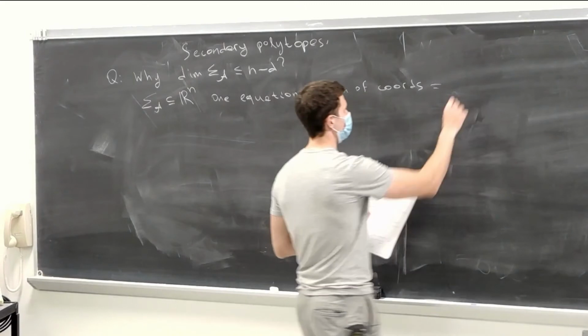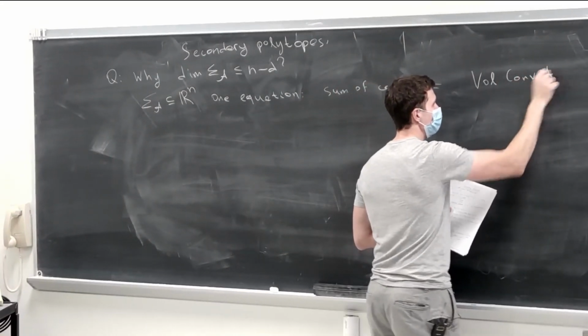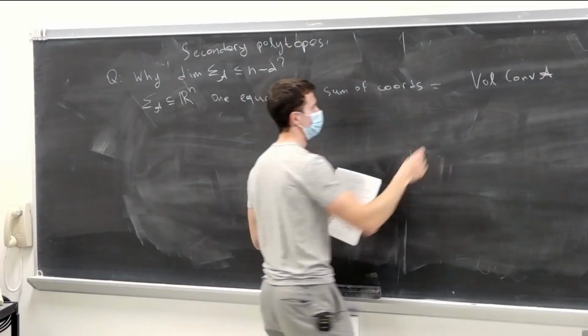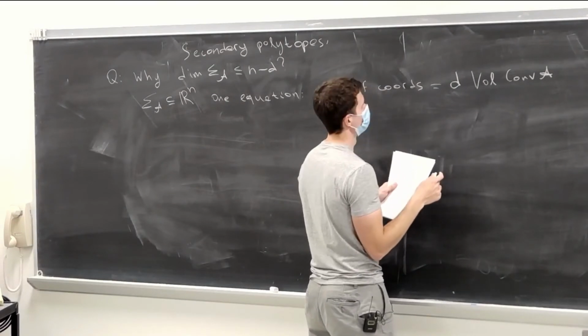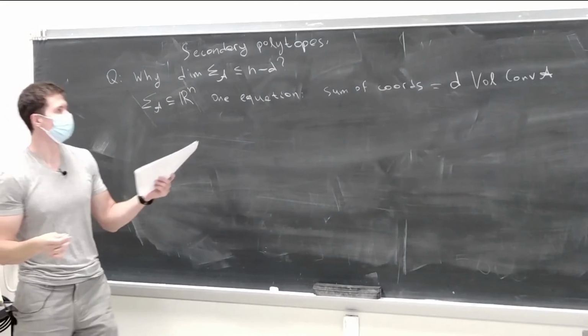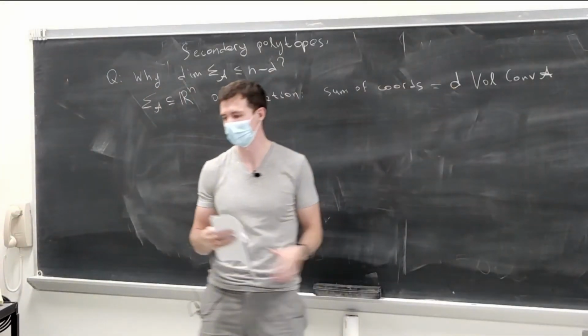Volume of the convex hull. Nice. Volume of the convex hull of all points, and then times d. Times d, or should it be d minus 1? D, yeah, because each simplex is going to have exactly d points.